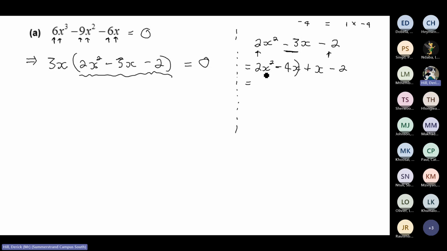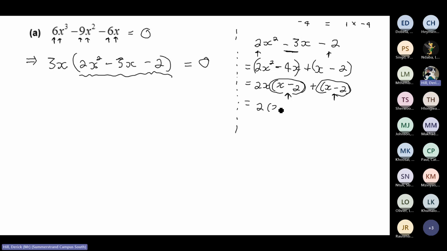Now I'm going to group this together, and I'm going to group this together, and I can pull out x over here. So I'm going to get x minus 2 over there, and then there's nothing to pull out from this one. Now you can see we've got one common factor at least, which is this whole set of brackets over here.